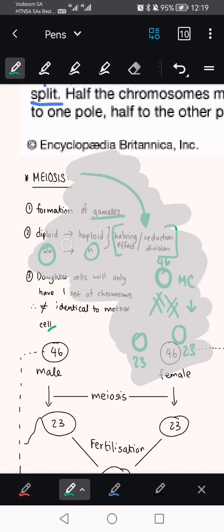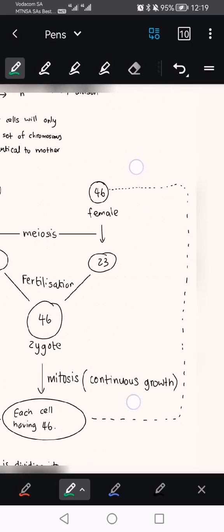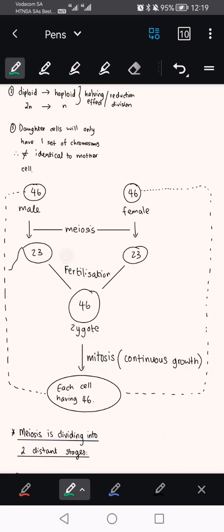If you look at the life cycle of any organism for that matter, but let's look at the life cycle of a human. The paternal parent or the male will have 46 chromosomes. The female will have 46 chromosomes. XY and XX.